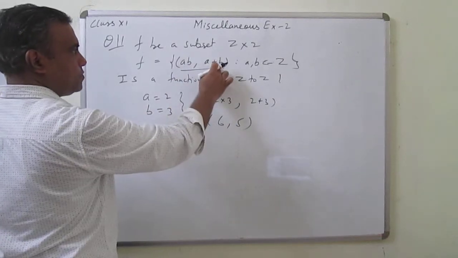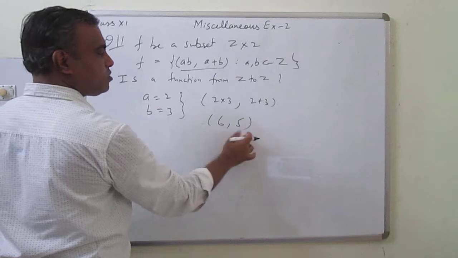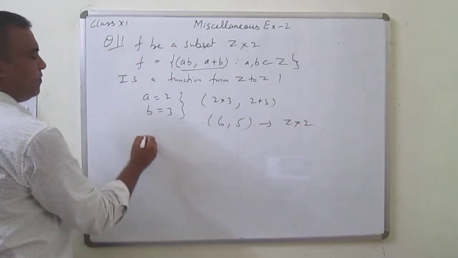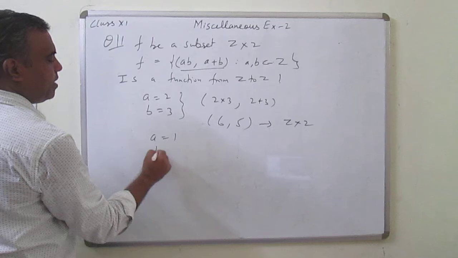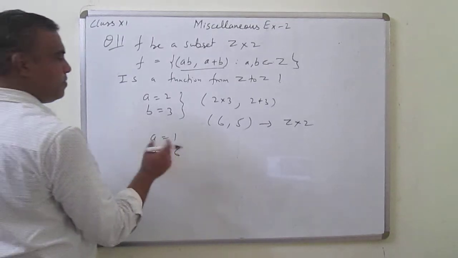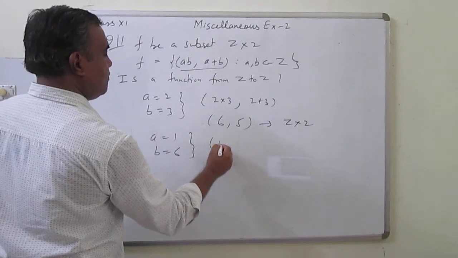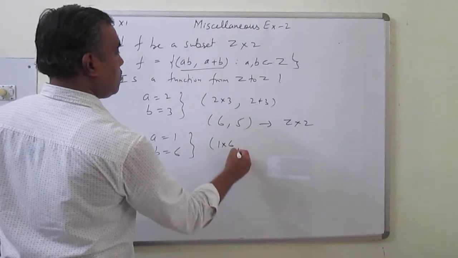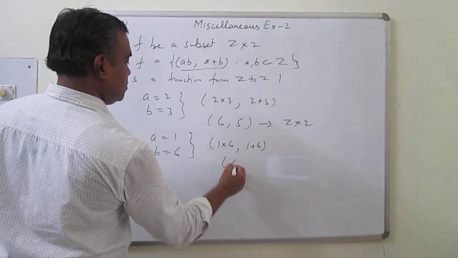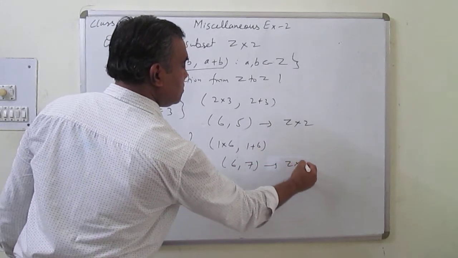This is an element of Z cross Z. Now if I take a equals 1 and b equals 6, the ordered pair is (1 times 6, 1 plus 6), which is (6,7). This is also in Z cross Z.